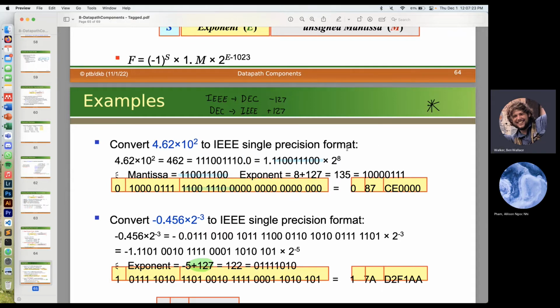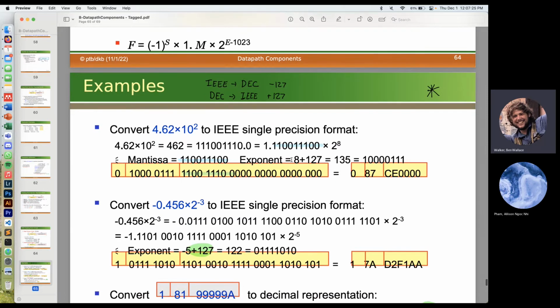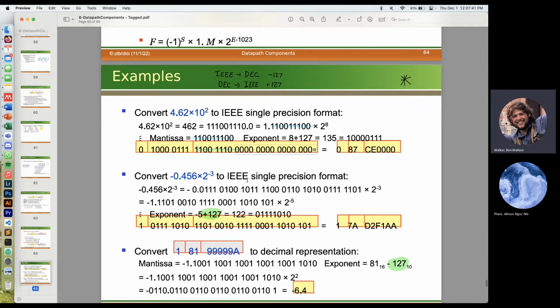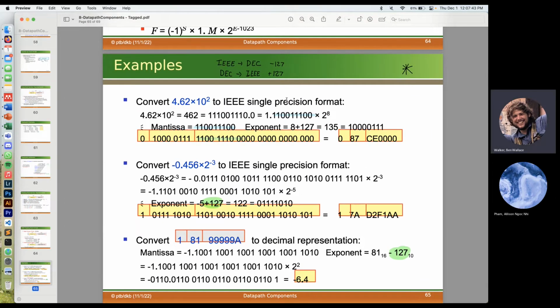That's your exponent, but the exponent is written in bias, which means we have to add 127 to it in every case. That way we can have a negative exponent represented with a normal binary word. So when it's negative, we're adding 127 to a negative number, so we end up still with a positive exponent value.